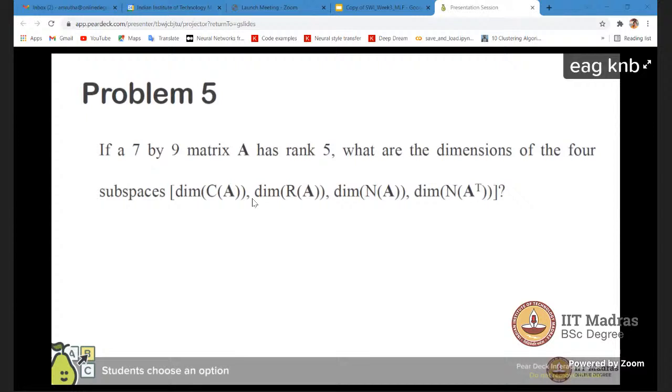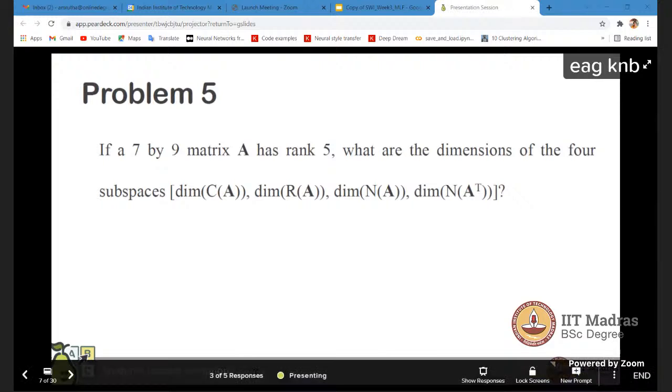This question is kept for understanding how, if you are given any sized matrix, you are able to find the dimensions based on the given rank. So I have got 3 responses.